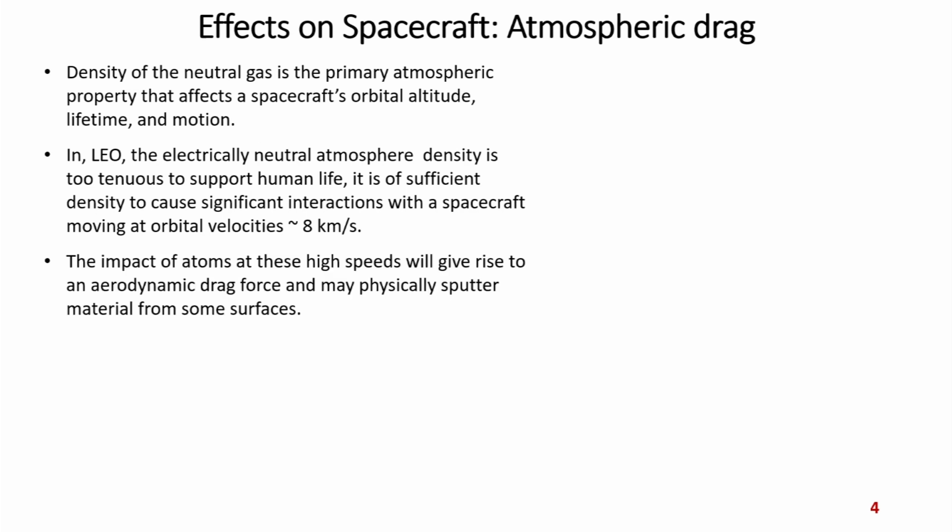Now, the impact of atoms at these high speeds will give rise to an aerodynamic drag force, and this is also another effect, which may physically sputter material from some of the surfaces, because the spacecraft is moving at a very high speed and the particles have very high kinetic energy. So, the interaction of these moving particles with the high-speed spacecraft can give rise to the sputtering of material from a few surfaces.